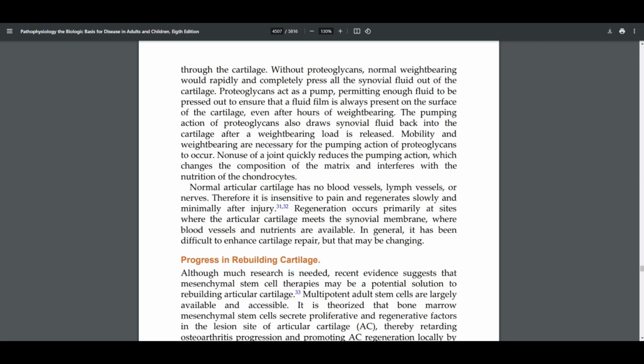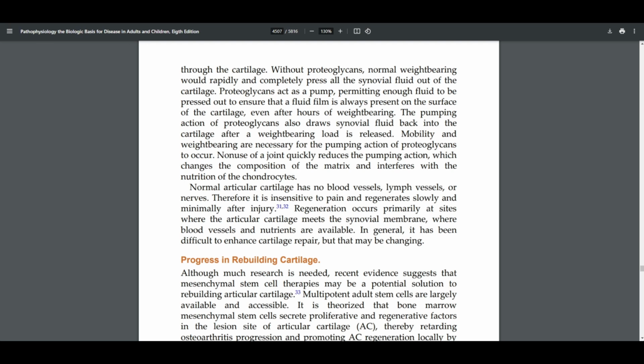Mobility and weight bearing are necessary for the pumping action of proteoglycans to occur. Non-use of a joint quickly reduces the pumping action, which changes the composition of the matrix and interferes with the nutrition of the chondrocytes. Normal articular cartilage has no blood vessels, lymph vessels, or nerves.